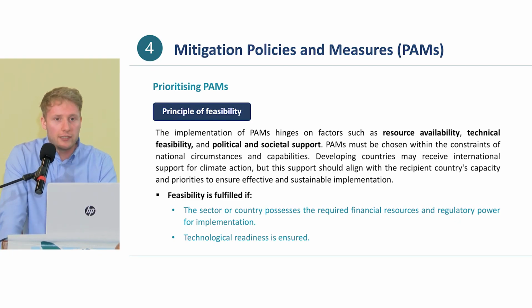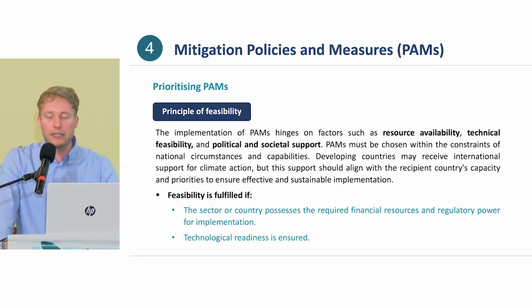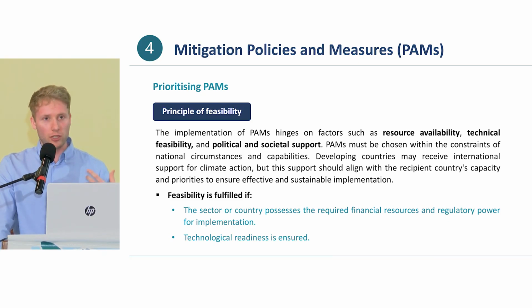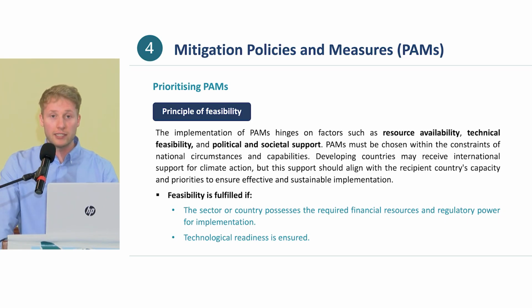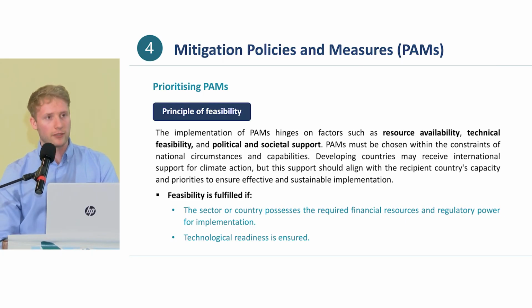So there's a lot of societal upheaval because the state wants to install windmills. Okay, so be it. But when we think about feasibility, it's important that when prioritizing your policies and measures, you think about what is feasible, what can actually be done. And is the technology ready in the country? Right? There are some technologies which are really advanced, and in some countries might not be a good idea because it's a long process of actually adopting them effectively.